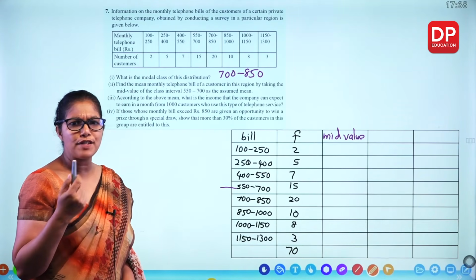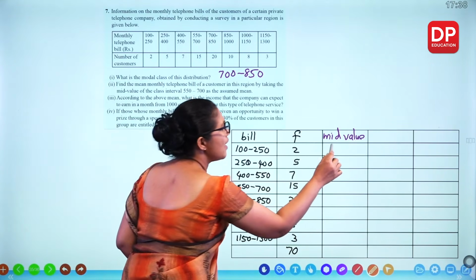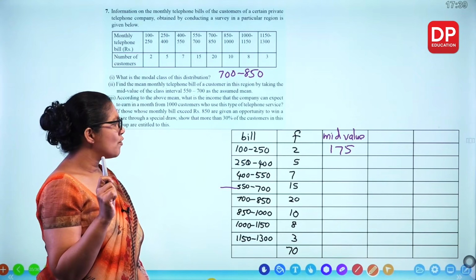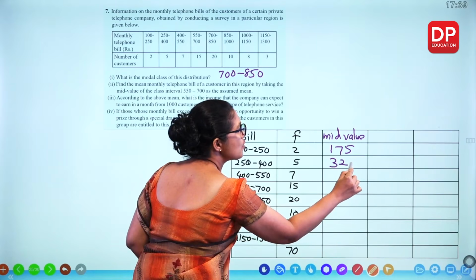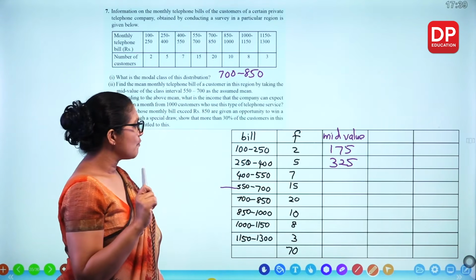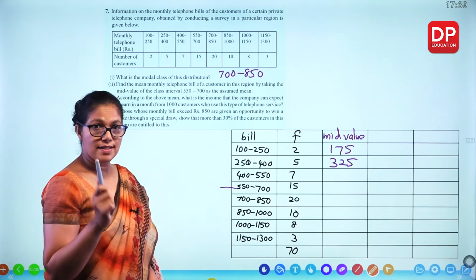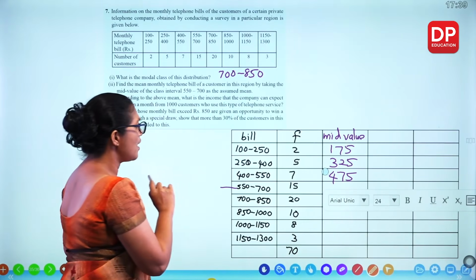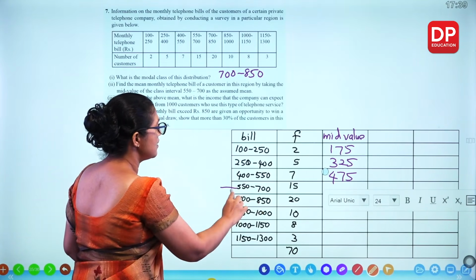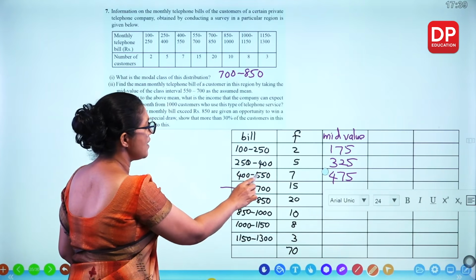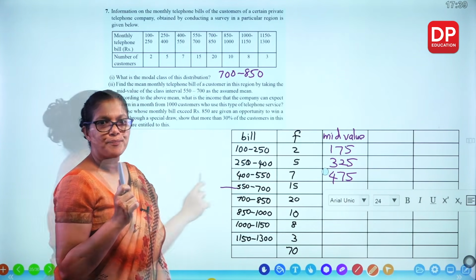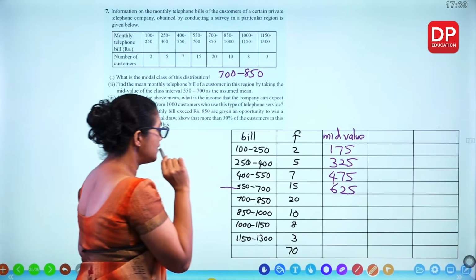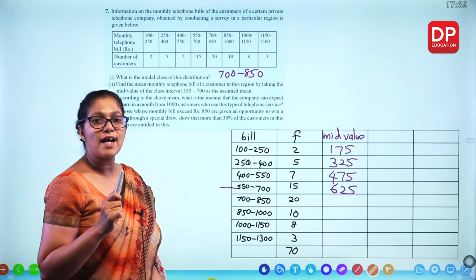100 plus 250 divided by 2. So what's the value? 175. What's the mid value of 250 and 400? 325. What's the other number? Not the difference, add and divide by 2. 475. This one, 500, here 475. What's the other number? Add and divide by 2. You get 625. This one, 700 and 850.